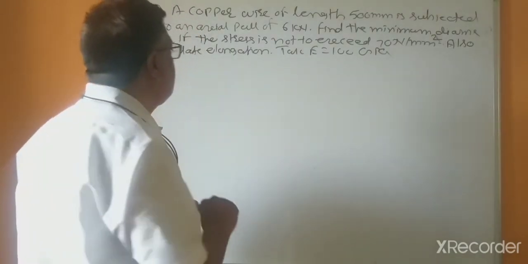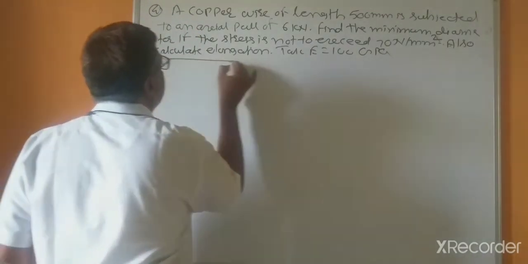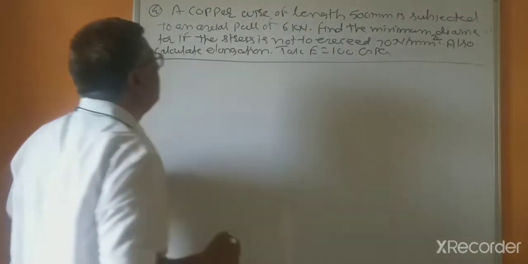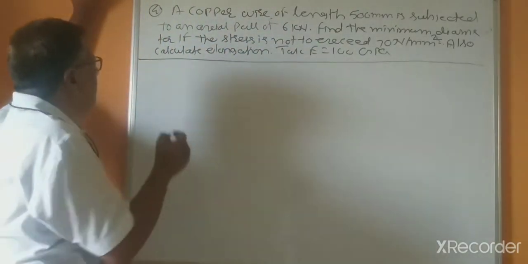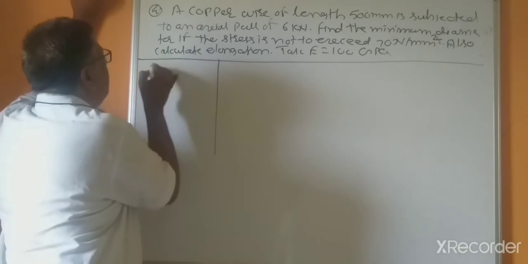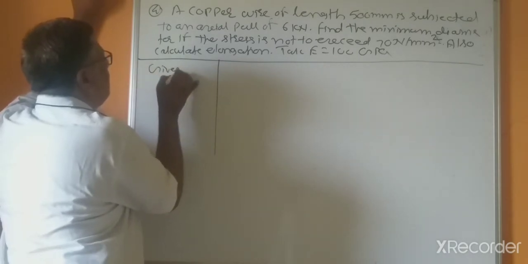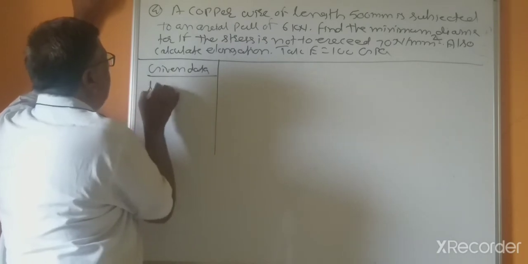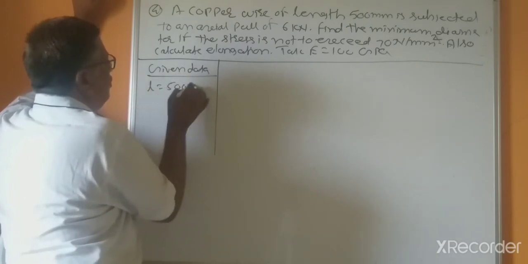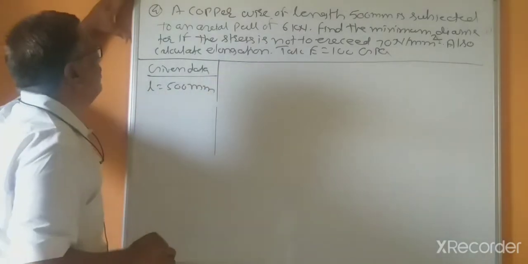So first try to extract what is given. A copper wire of length 500 mm. So first extract given data, length equal to 500 mm.